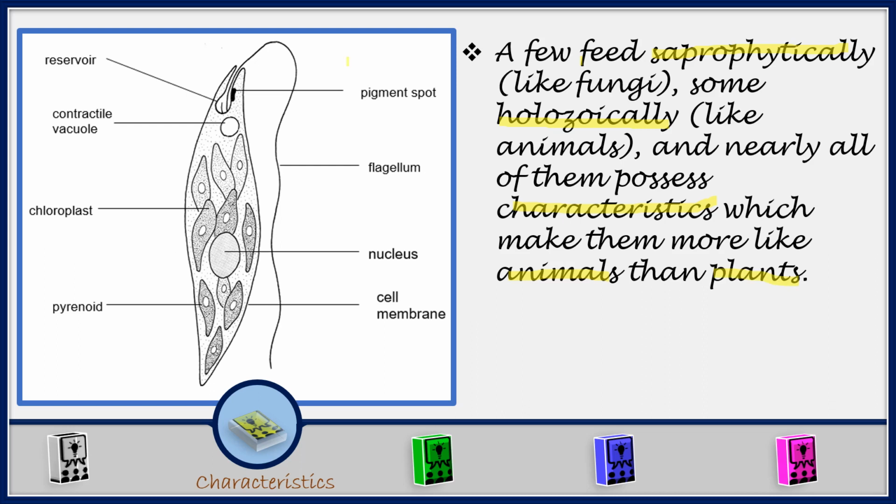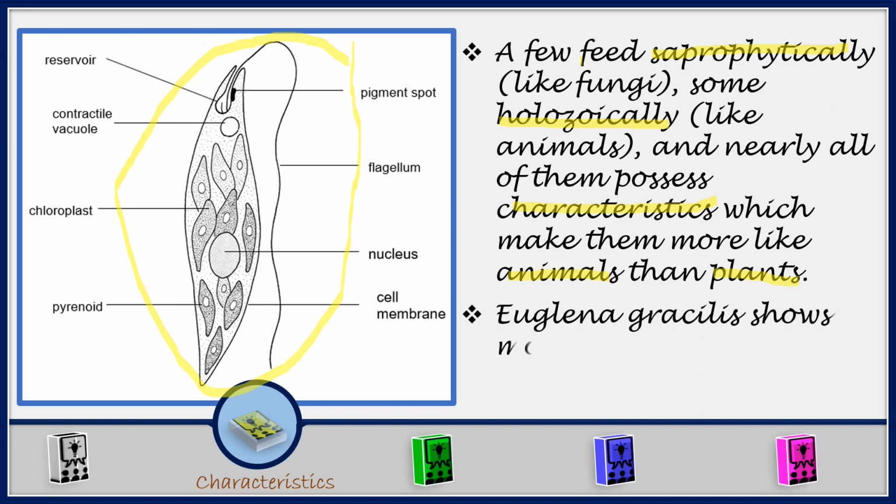So all of these flagellates, some feed saprophytically, the way fungi feed, and others feed holozoically, like animals. But all of them have characteristics that make them more like animals than plants. So they have characteristics of animals and they also have characteristics of plants.